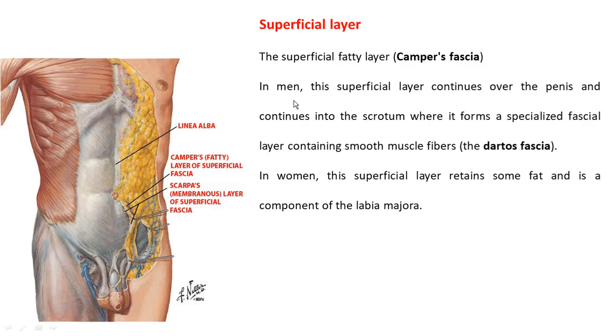In men, the superficial layer continues over the penis, where it is devoid of fat, and in the scrotum it is replaced by the involuntary dartos fascia, or dartos muscle in some texts.